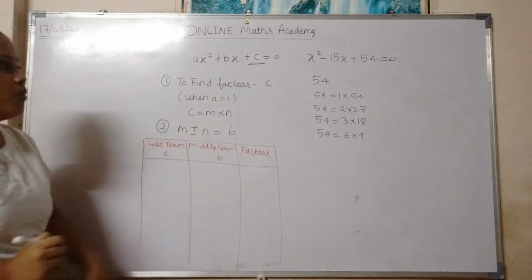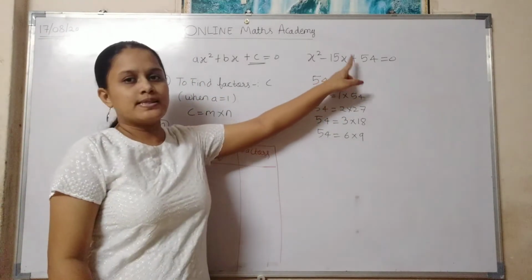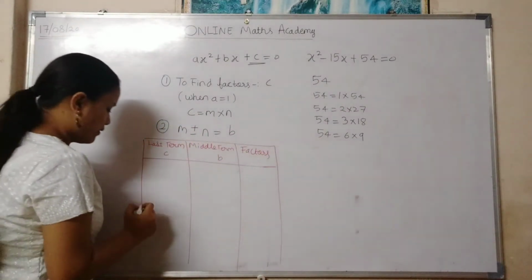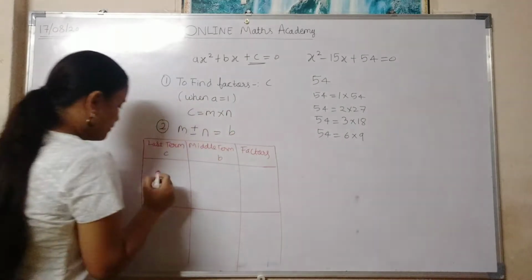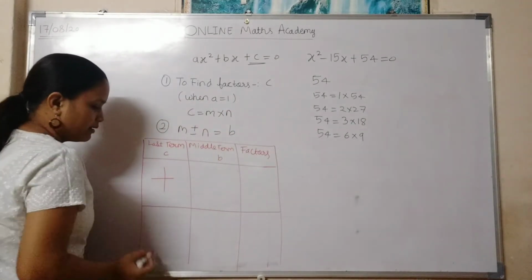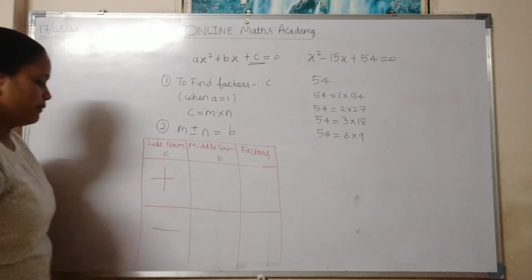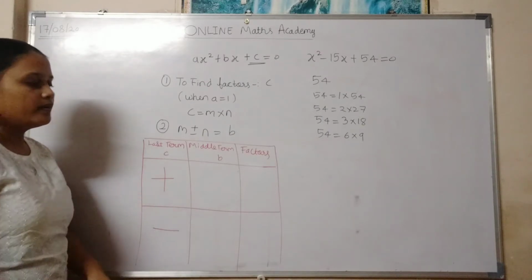Okay. Now the last term can be plus or minus. There are only two conditions: it can be plus or it can be minus.